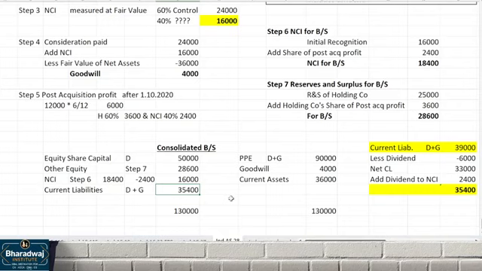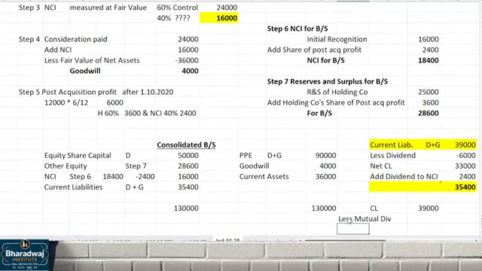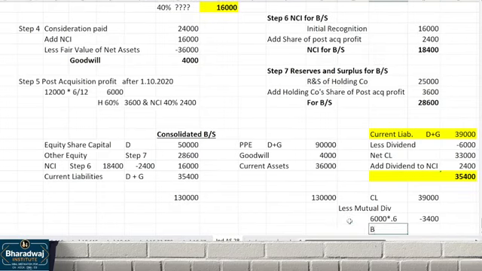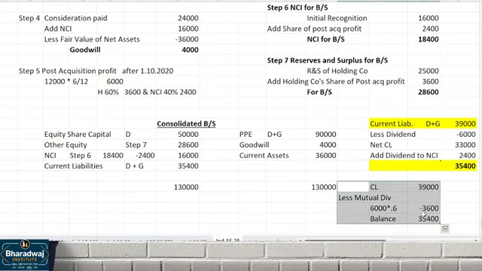That's mutual due, it will cancel. Instead of doing this much, current liability given is 39,000 less mutual dividend. 6,000 less 60%, what will it be? 3,600. So the balance will be 35,400. This way also you can work out and show.